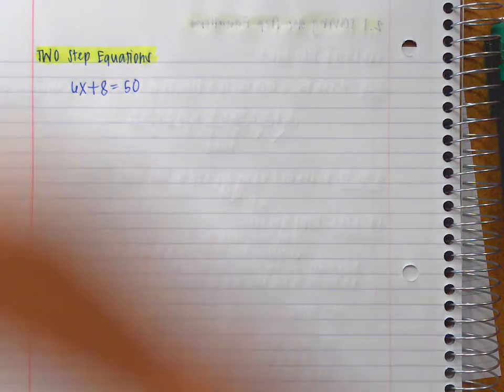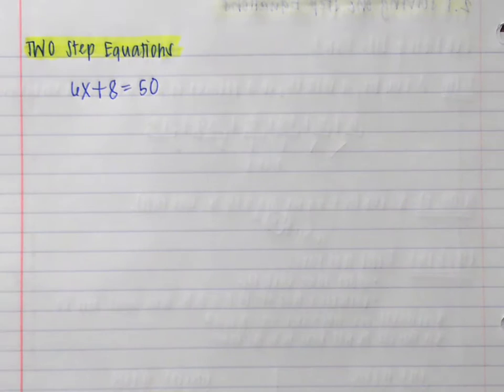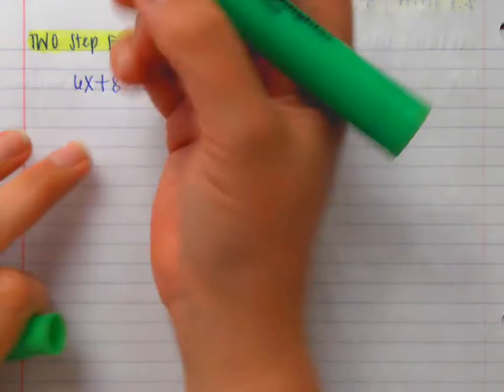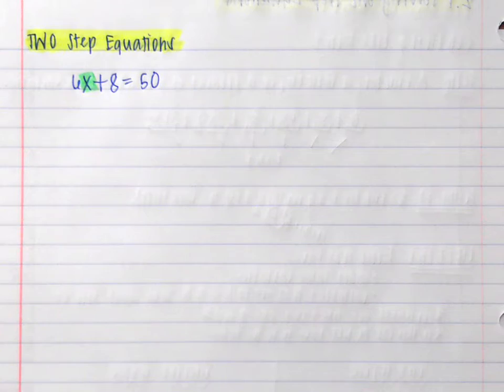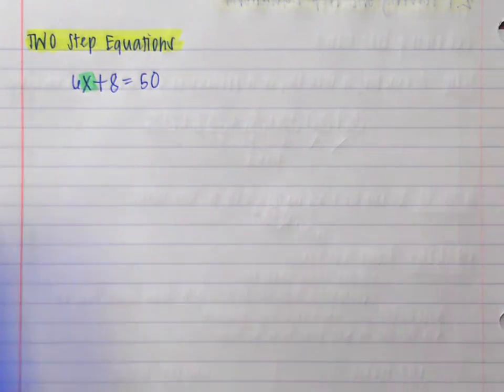your first step here, let's zoom in a little. Just like with the one-step equations, your goal here is to get x by itself, or get whatever variable we're looking at all by itself. So my variable here is x. Now I'm still, just like I did before, going to put my line down the equal sign.